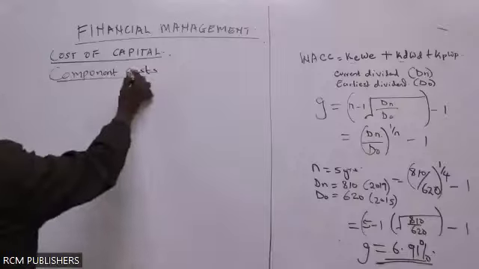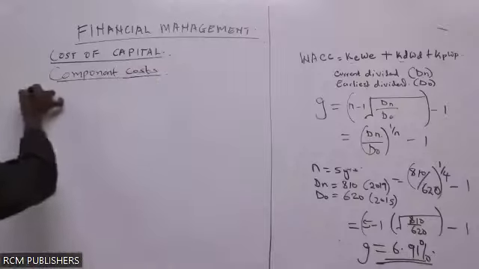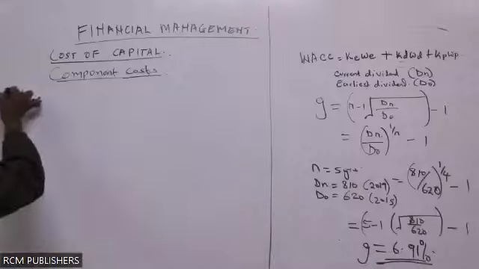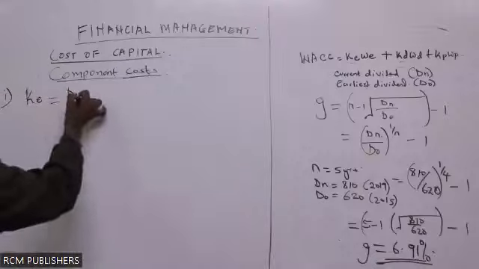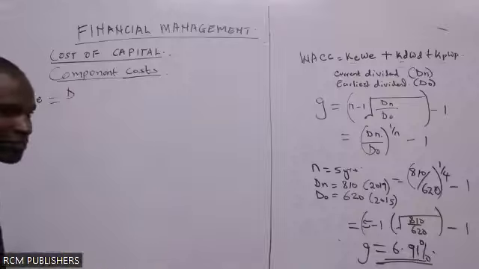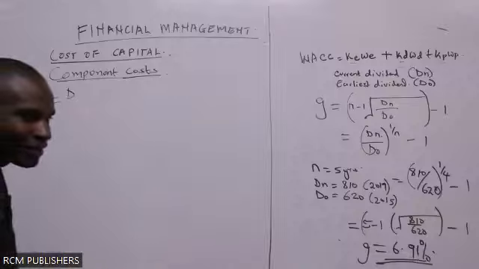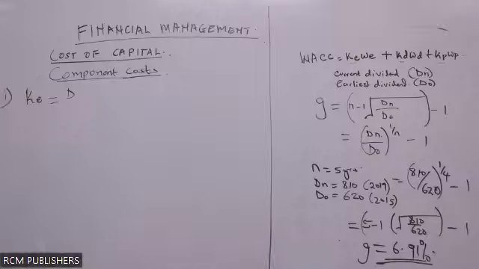I know my component cost of KE is equal to D1 over P0 plus G. Give me the formula of getting the component cost.